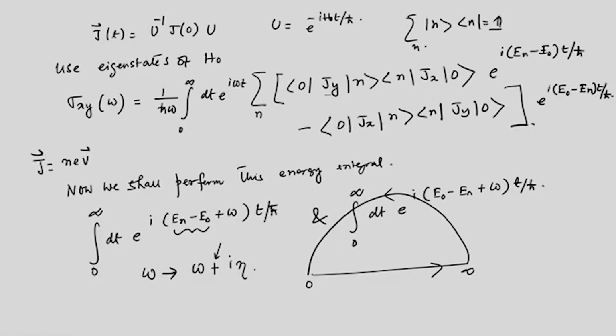Okay. So once you do that, then the sigma xy takes a form which is equal to minus i over omega. So after you do the integral over time from 0 to infinity by using the complex integral. Now just to remind you, initially you had only the real line from 0 to infinity.